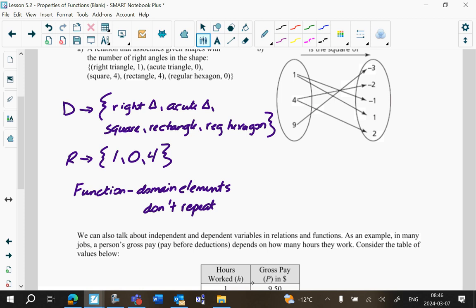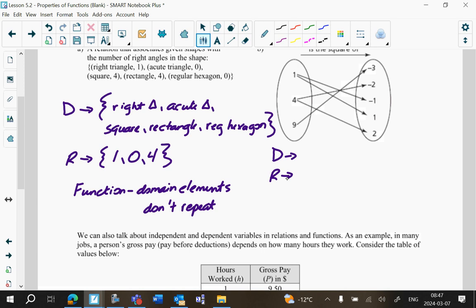So the next one, the domain and range are going to be all numbers, which is what we're going to get to. So in an arrow diagram, the domain will be all the values in the first oval and the range will be the second.